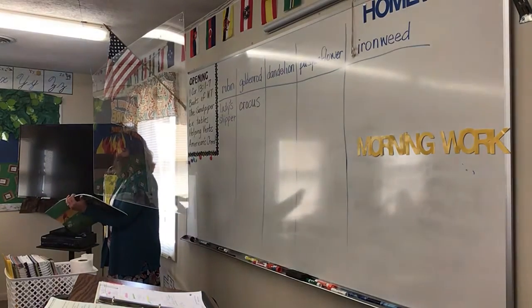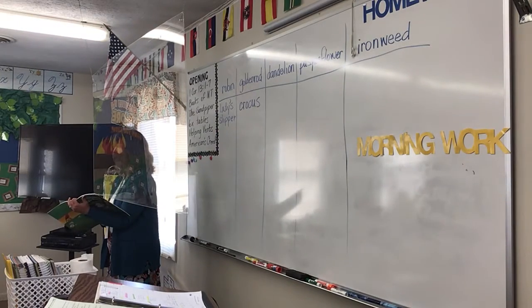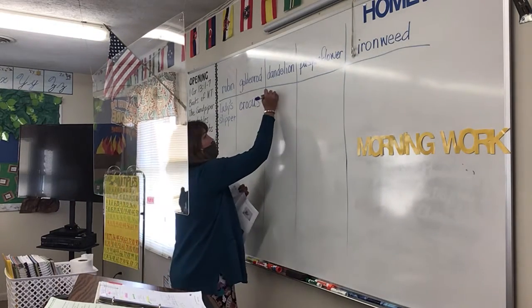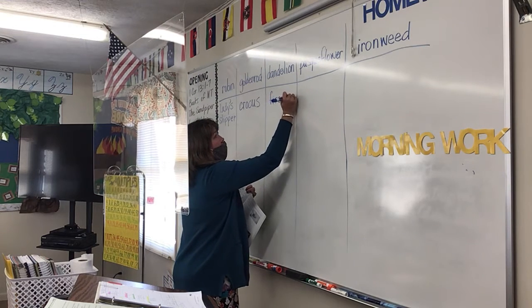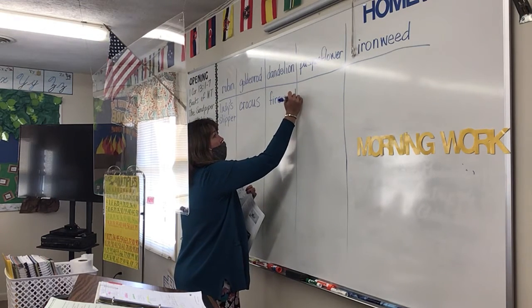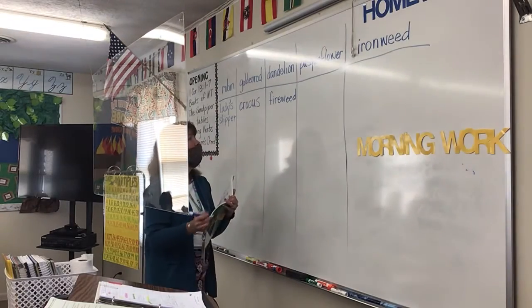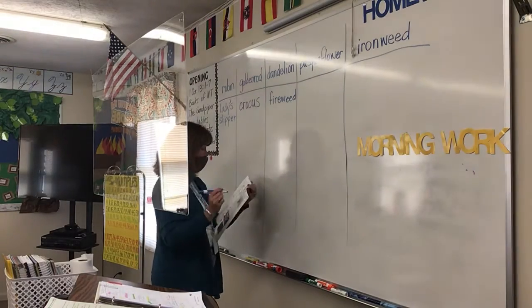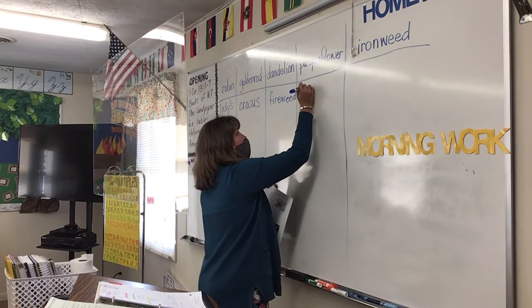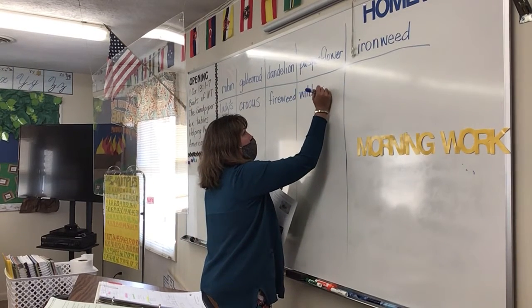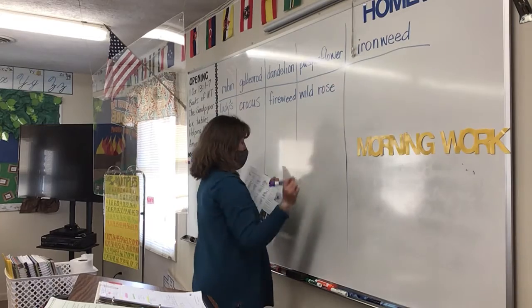And then after the crocus is a what? Fireweed. Fireweed. Good. And then wild rose? Wild rose. And then is it meadowlark? Yes. Meadowlark.